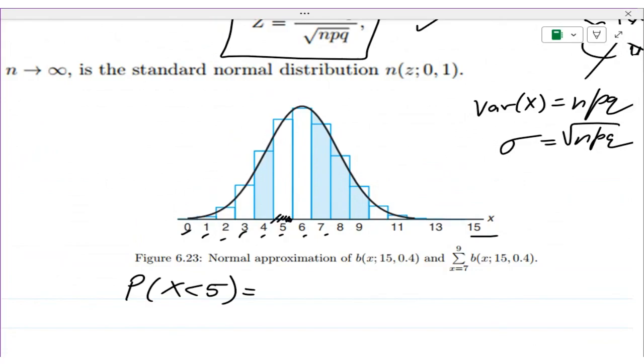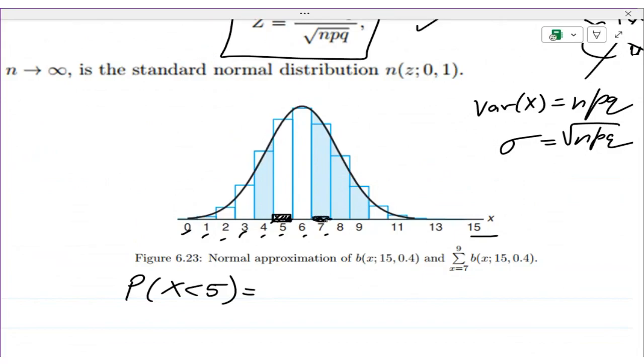So now we have created an interval around the 5. In the same way, 6 does not mean 6. 6 means 5.5 to 6.5. This is called continuity correction. 7 will mean not 7, but 6.5 to 7.5.